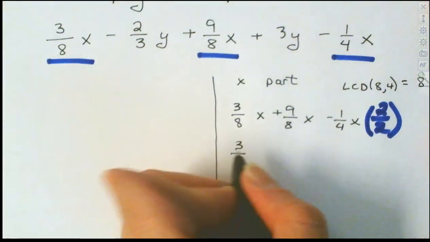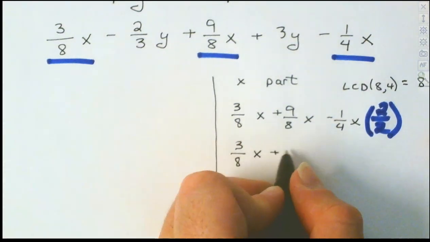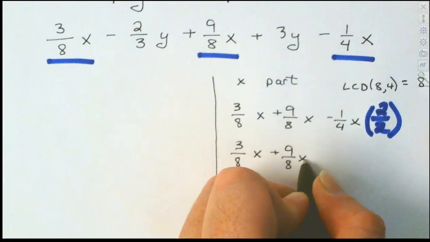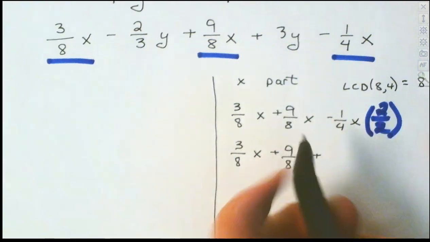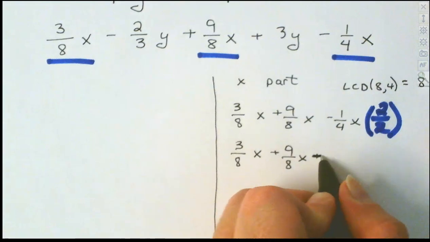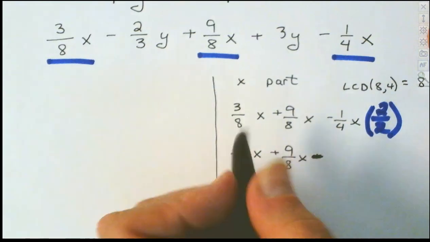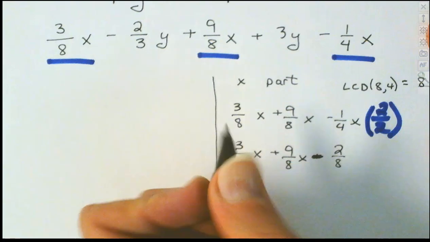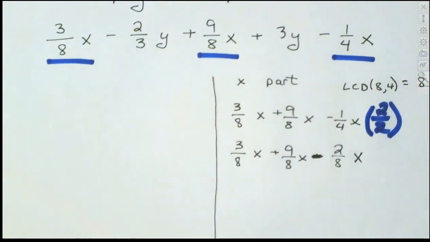So now we've got 3/8 x plus 9/8 x. Multiplying here, we've got then, you see that's a minus, that's going to be a minus 2/8 x. Is everyone okay with that? And you can drop the x's if you want, just remember it's there.